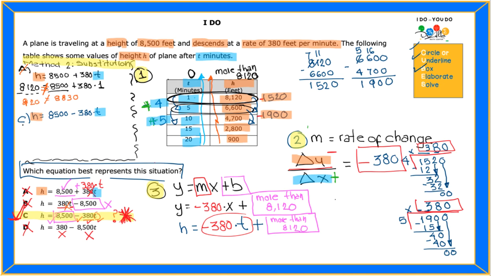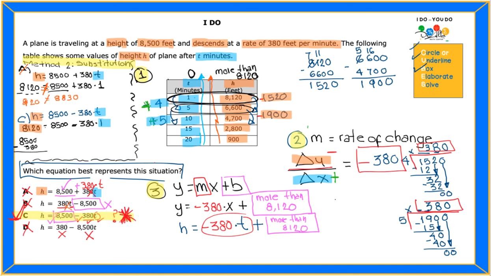The first set of values for age is 8,120 equals 8,500. That's gonna subtract 380 times 1. This is the first value of the table, and the 8,120 is the first value in the table too. We're gonna subtract on the side 8,500 minus, and 380 times 1, that is 380.